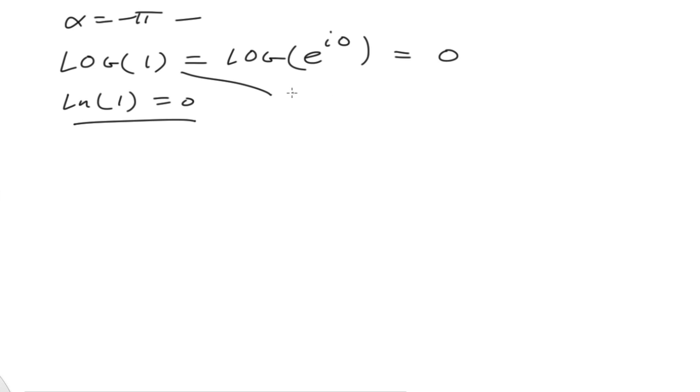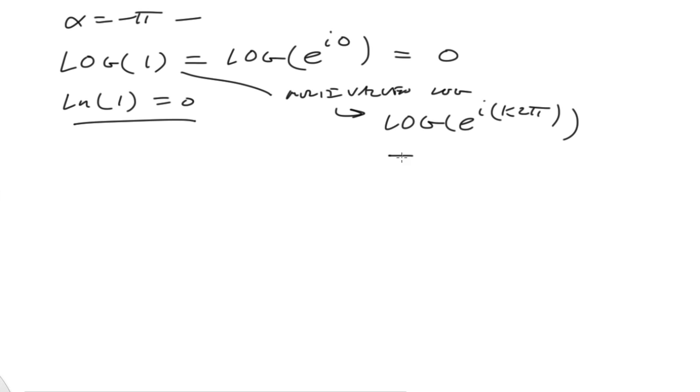Now if I take a multiple valued log, so I don't take a branch cut, then log of 1 is e to the I, and then I put in parentheses k to pi, and the answer is I k to pi. So there are all the possible values: k equal to 0, the principal value that we're interested in, and plus or minus 1, plus or minus 2, and so on and so forth.